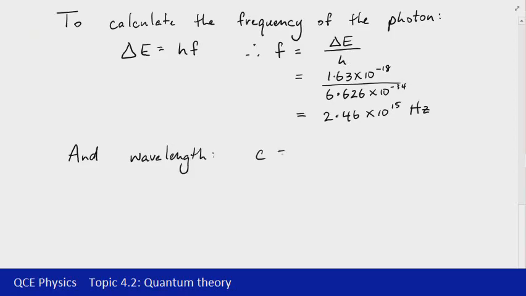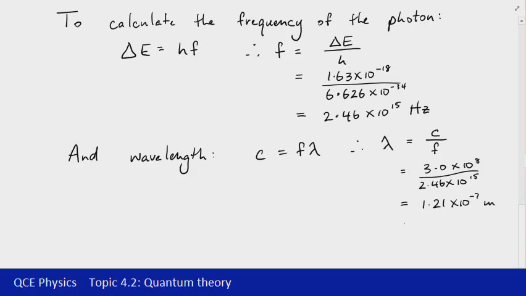So c is equal to f lambda, and so we know then that lambda is equal to c over f, speed of light being 3 by 10 to the 8, frequency as we just calculated was 2.46 by 10 to the 15, and that gives us an answer of 1.21 by 10 to the negative 7 meters, which we can write as 121 nanometers.